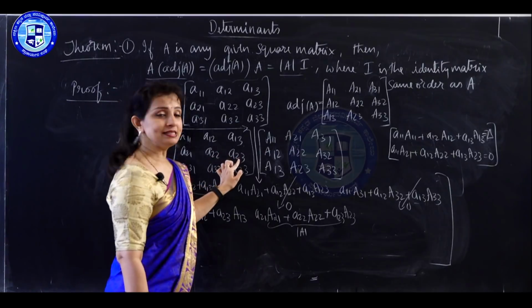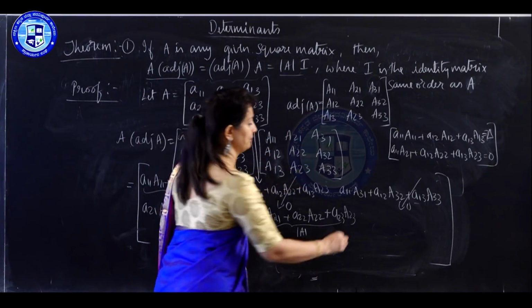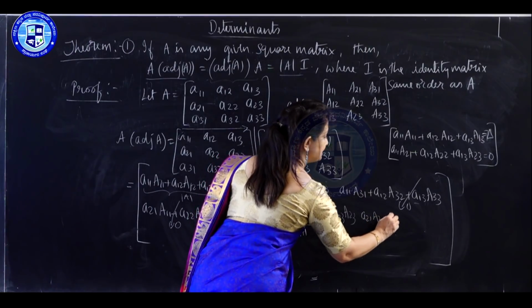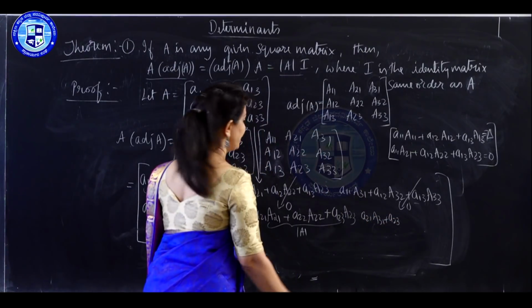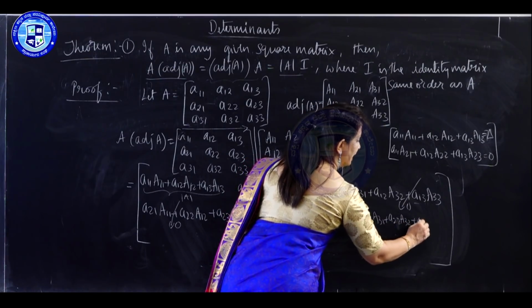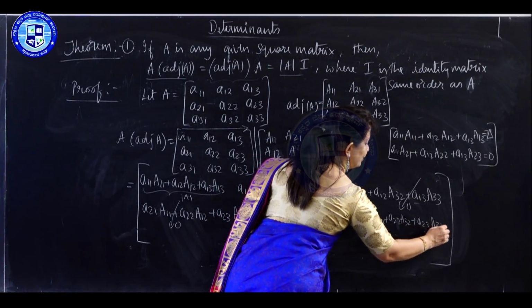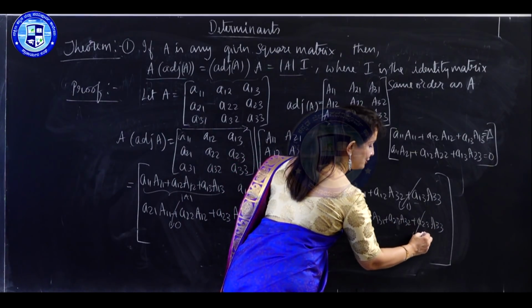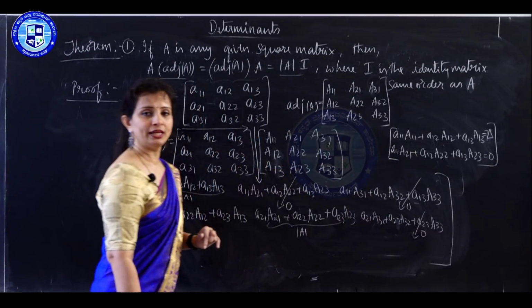Now the next is second row multiplied by the third column. A21 cofactor of A31 plus A22 cofactor of A32 plus A23 cofactor of A33. You know, second row elements multiplied by the cofactors of third row elements, it turns to 0.